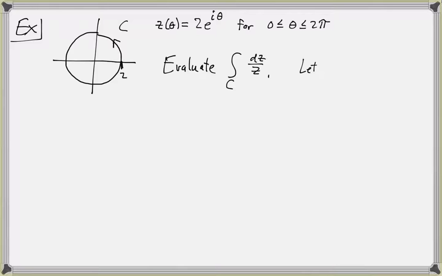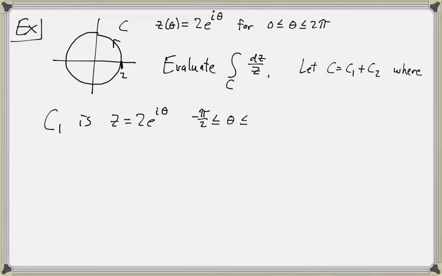So first I'm going to let C be C1 plus C2, where C1 is given by the parameterization z equals 2 e to the i theta for theta between negative pi over 2 and pi over 2.